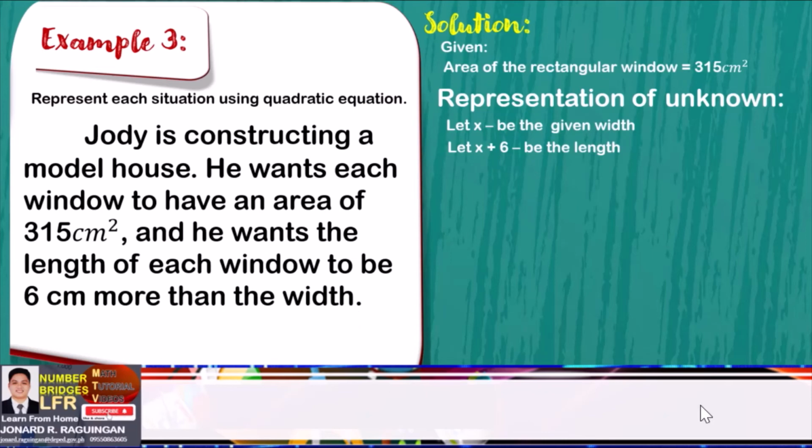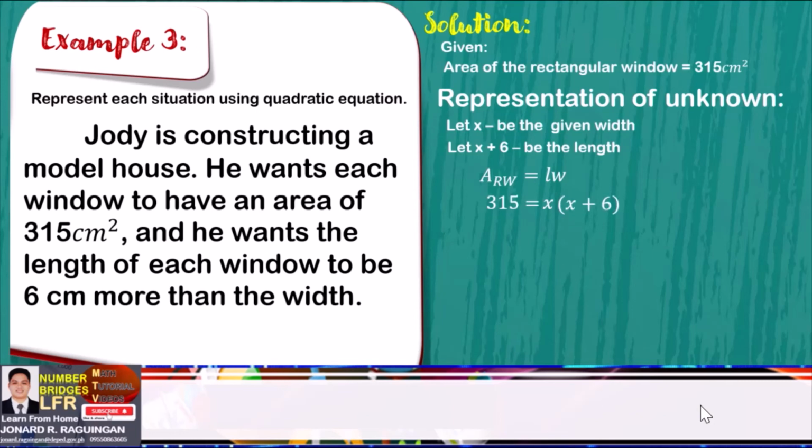And in computing the area of a rectangular window, we use this formula. Area is equal to length times the width. Substitute the values from the given into the formula. The area is 315 is equal to the given width x times the given length x plus 6.